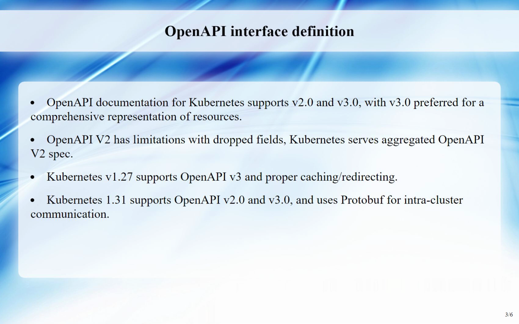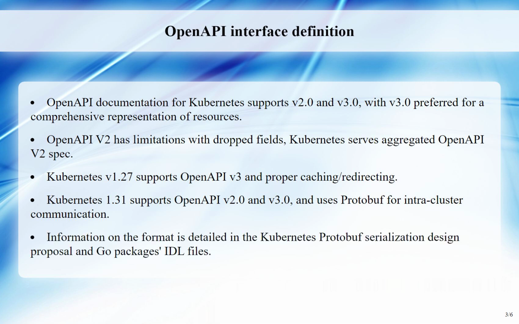Additionally, Kubernetes implements a protobuf-based serialization format for intra-cluster communication. More information on this format can be found in the Kubernetes protobuf serialization design proposal and the interface definition language (IDL) files in the Go packages defining the API objects.